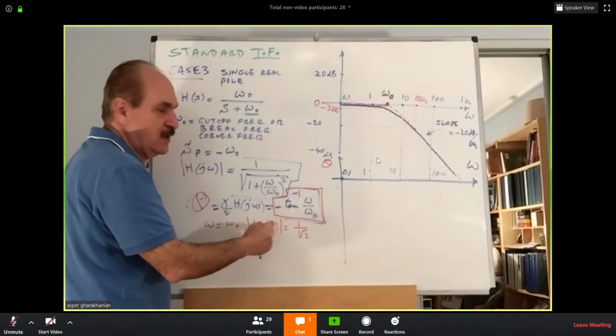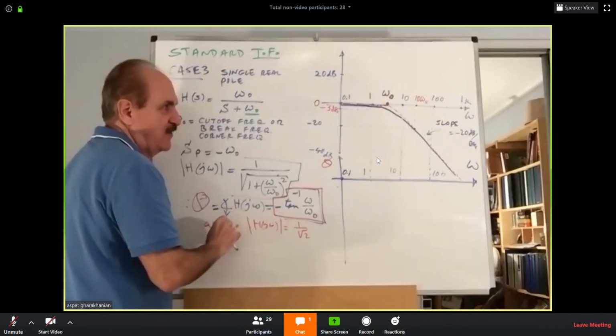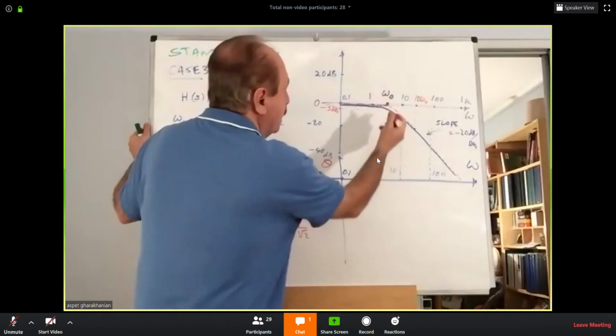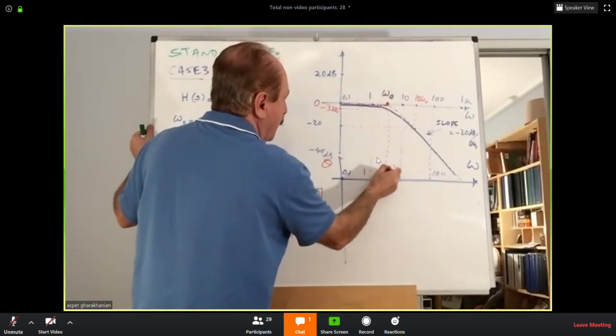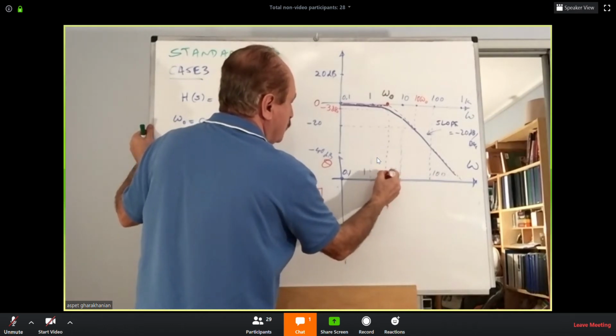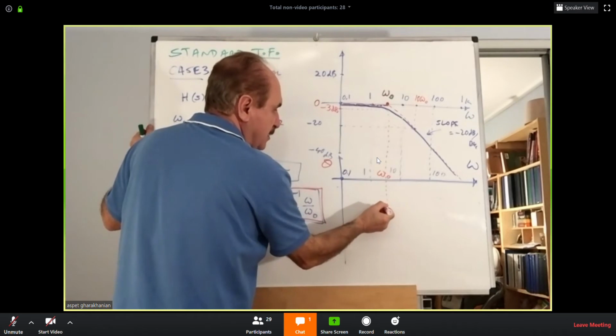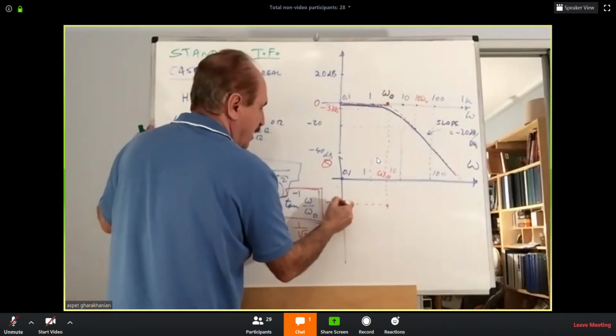Inverse tan of 1 is 45 degrees. With a minus, it will be minus 45. So we know that here, exactly at omega O, our angle is going to be minus 45 degrees.